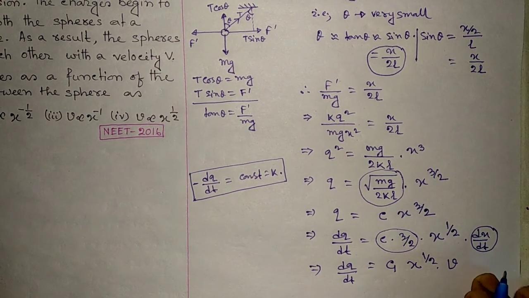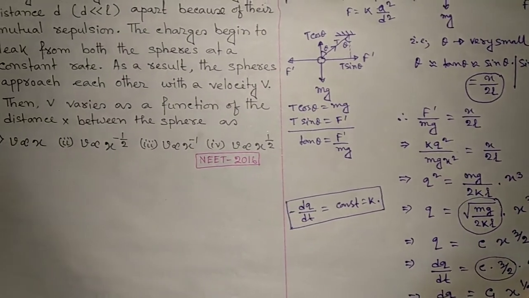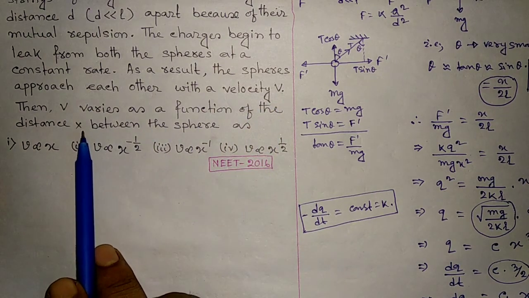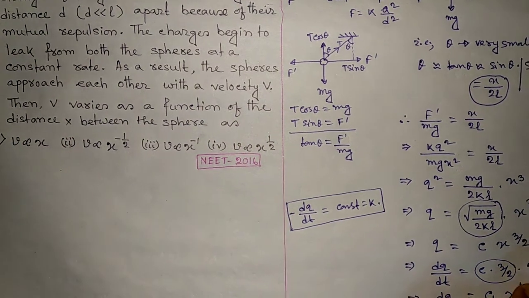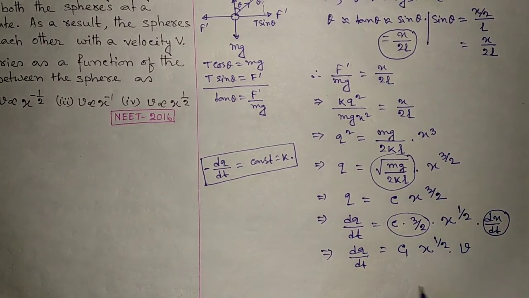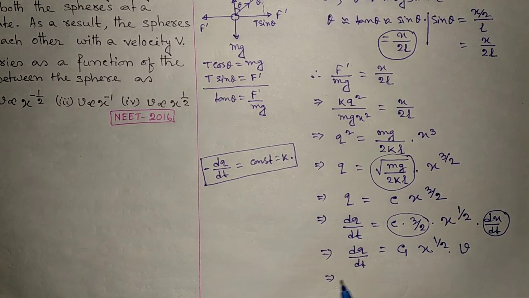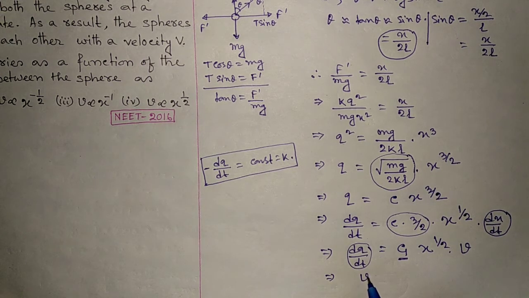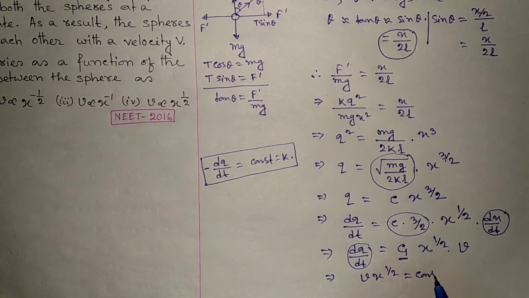We have to find out how the velocity v is related to the distance x. So we got our final equation. From that equation, all of these are constants, so we can write v x to the power half is equal to constant.